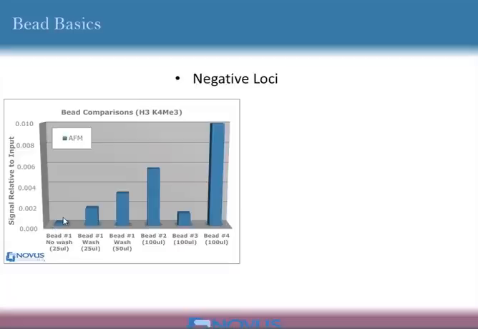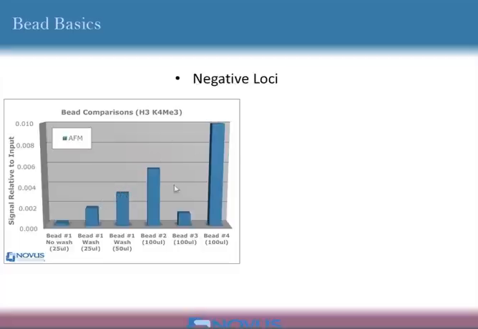When we look at bead 1 with no wash and 25 microliters, we see very little amplification. Washing them did increase a little bit the amplification of this negative locus, but we're still under 0.2%. And then doubling the amount of beads in there also increased it a little bit, but we're still about 0.3%.